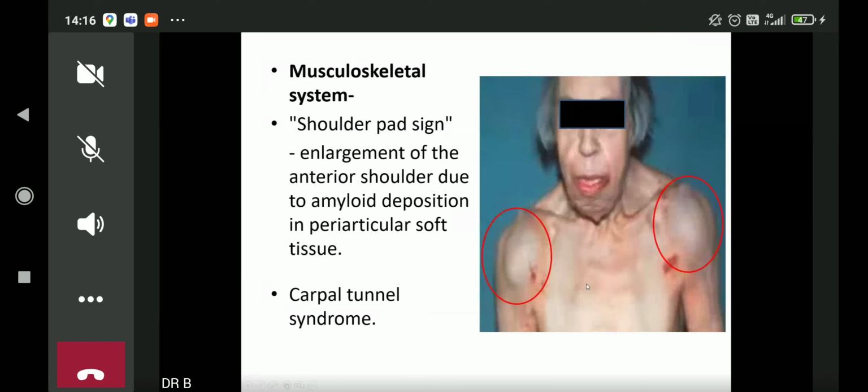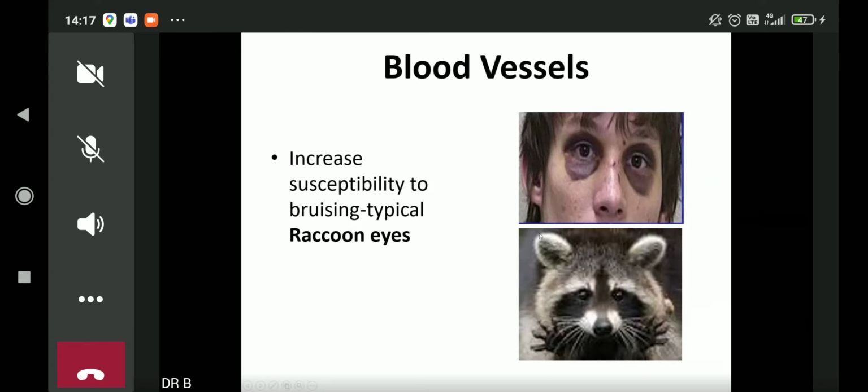Now, this is a diagram wherein this patient had rampant deposition of amyloid leading to the shoulder pad sign, wherein there is enlargement of the anterior shoulders due to deposition of amyloid in periarticular soft tissue. In blood vessels, when there is deposition, sometimes it leads to increased susceptibility to bruising around the eyes, leading to what is known as raccoon eyes.